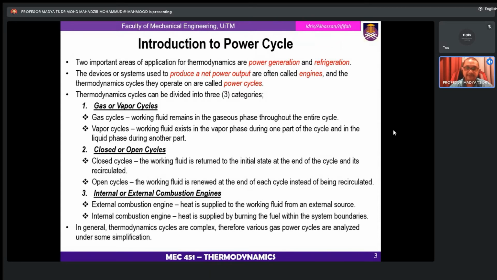Okay, there is a difference between external and internal combustion engines. Generally, these thermodynamic cycles are complex. So therefore, various gas power cycles are analyzed using some simplifications.